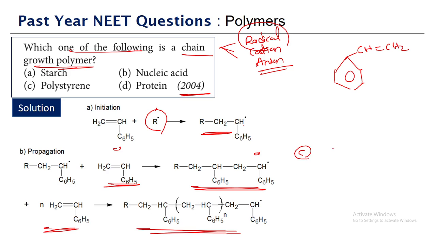And the culmination will be the termination step. When this radical attacks another radical, radical plus radical will give rise to a molecule, that is the termination step. This way we achieve the formation of polystyrene, which happens through free radical chain growth polymerization. So the correct answer for this is option C. It's a very important example, option C, which is the polystyrene formation.